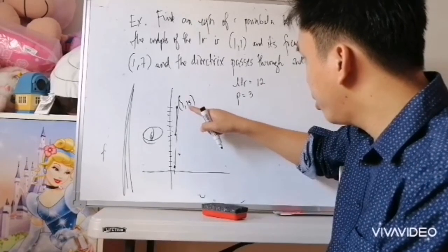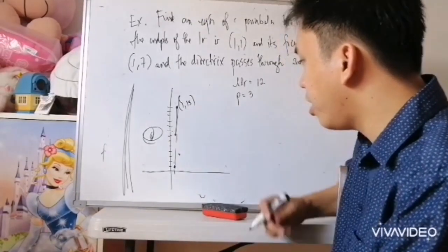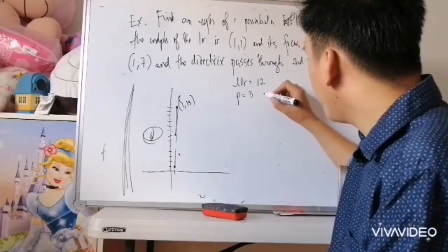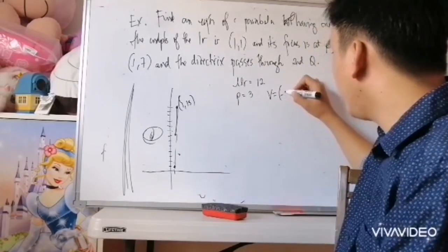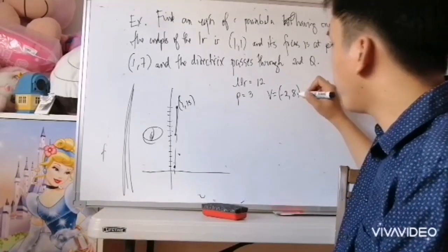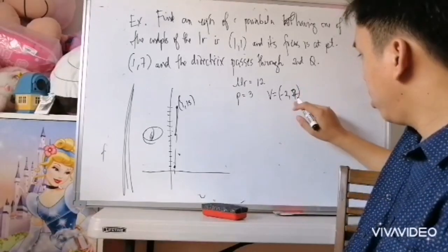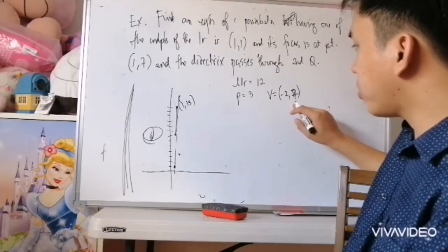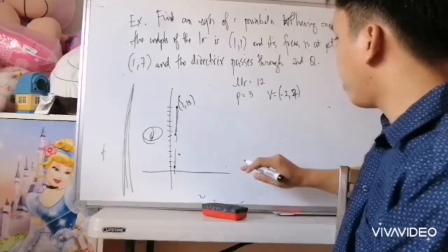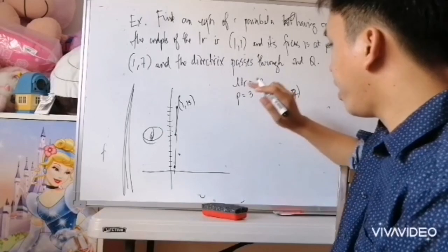Therefore, 3 going to the left gives -2. So your vertex is -2, 8. I'm sorry, 7, because they have the same y coordinate as the focus. So your directrix is 3 units from the vertex, so that's -5.